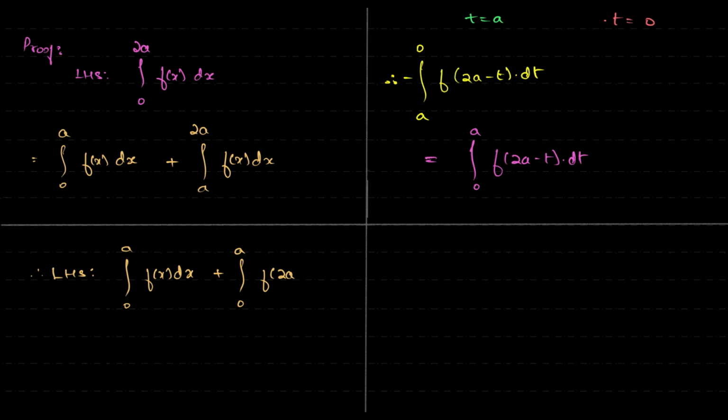Oh, I forgot, there's one more step. I need to change the variable. This is 0 to a f of 2a minus x dx. This is from property 0 and this is from property 1.